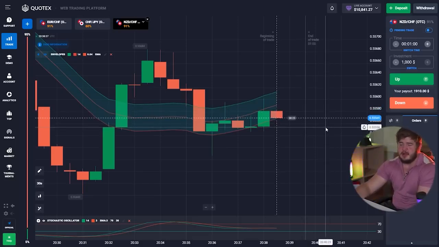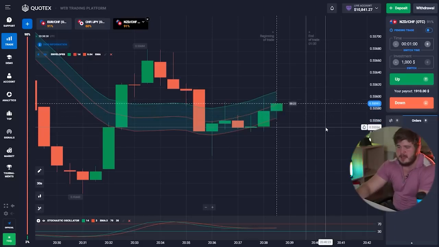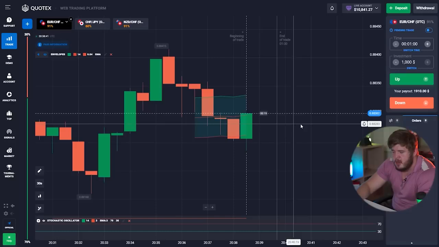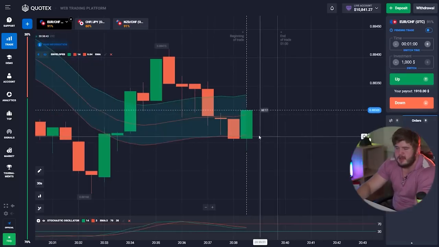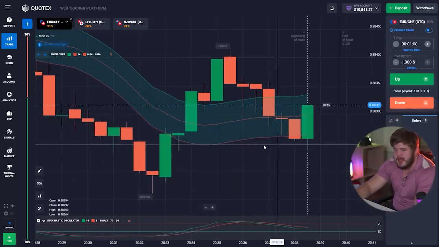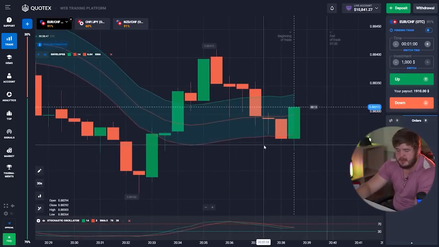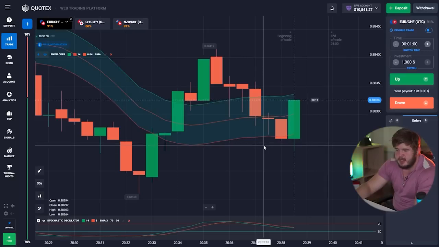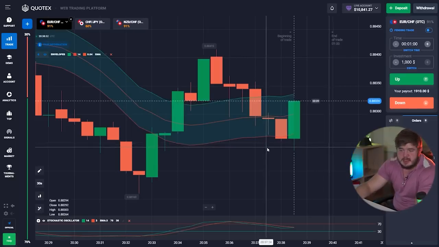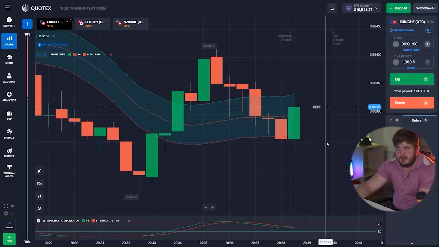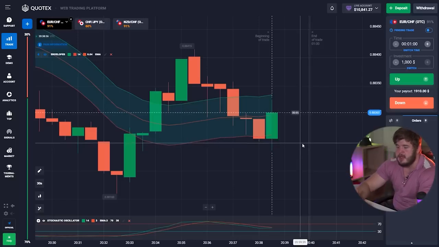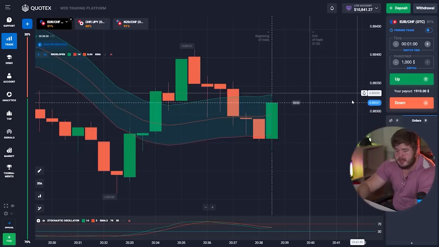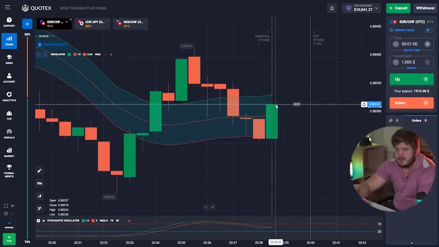And we started only with $10, guys. Only with $10. Now we have $10,800. That's amazing. And you can see that the strategy is very simple. We just use the envelope indicator and the stochastic oscillator.